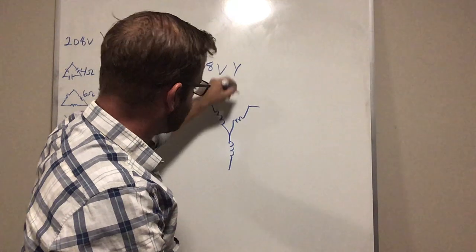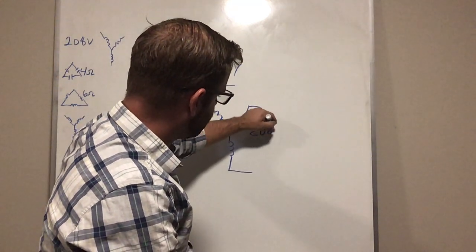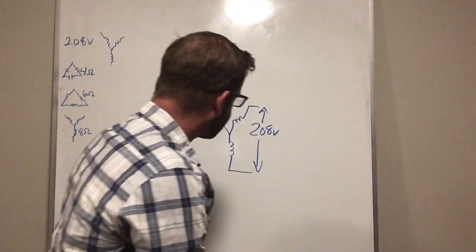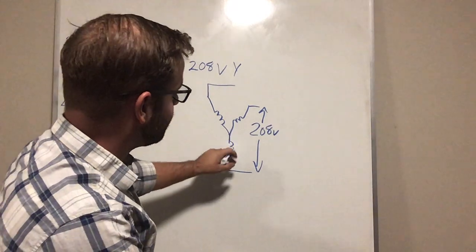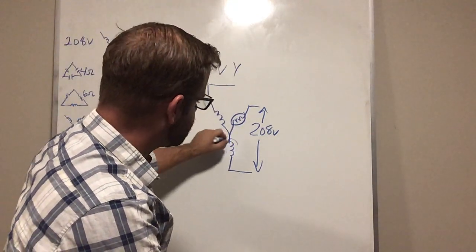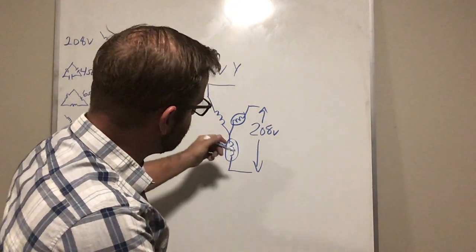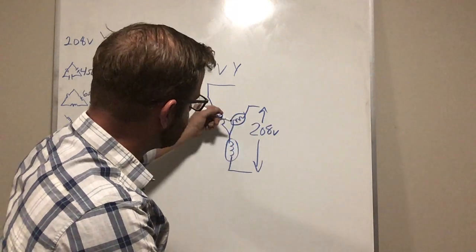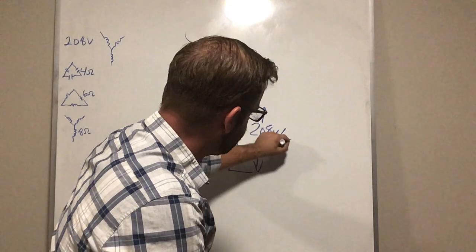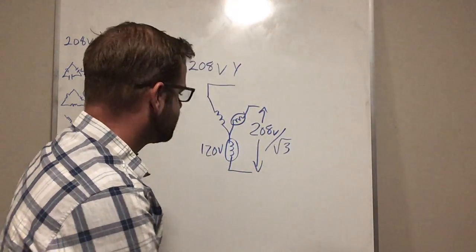If it supplies 208 volts, that means it's 208 volts per line. So both of these coils produce voltages that combine to give us our 208 volts, which means the phase voltage has to be root 3 smaller. So 208 volts divided by root 3 gives us an answer of 120 volts per phase.